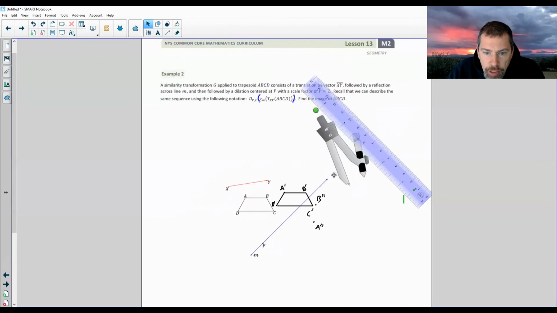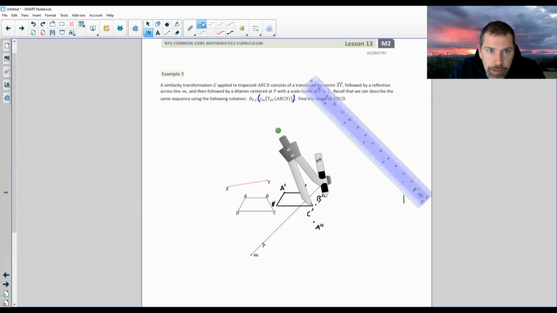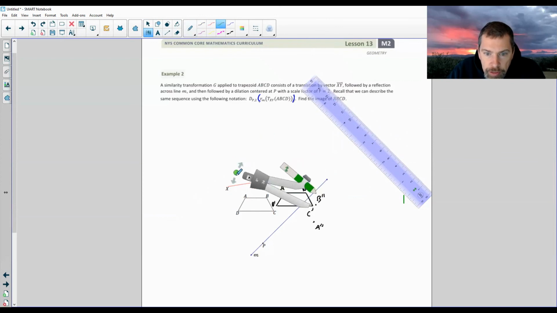We're now going to put our compass at C. Make it green. I'm going to close it a little so my arc's not so big. So I want to make sure I cross the line at 2 places. So it's crossing here, and then I come over to the other side, and it's crossing here. Then you put your compass at that one point of intersection.